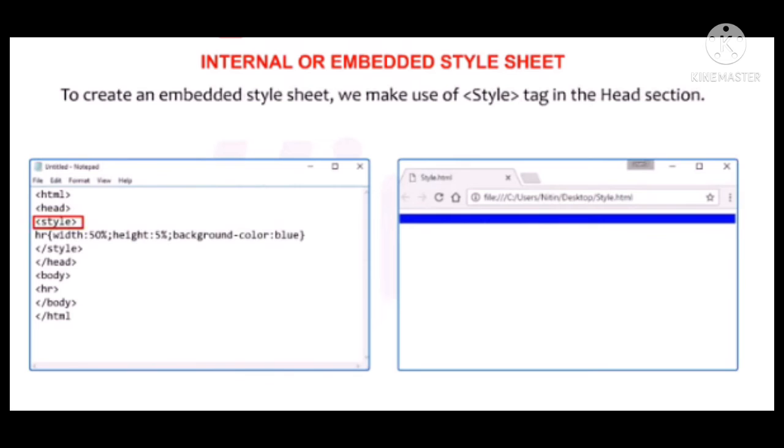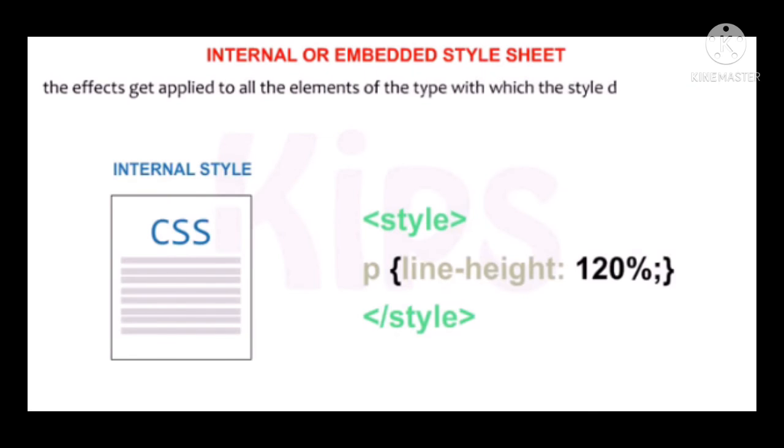Okay, automatically it will get applied to all the elements of that type. So this is how we apply internal or embedded style sheet in between the style tags in the head section. And we will write the selector first, which means the HTML element itself. And after writing the selector, in between the curly braces, we will apply the property and its value. Okay. So this is how we use internal or embedded style sheet.